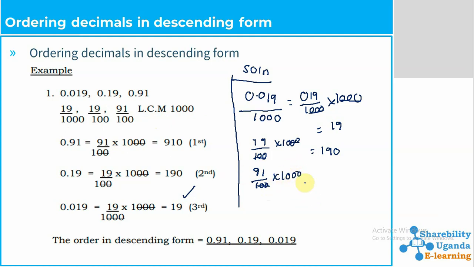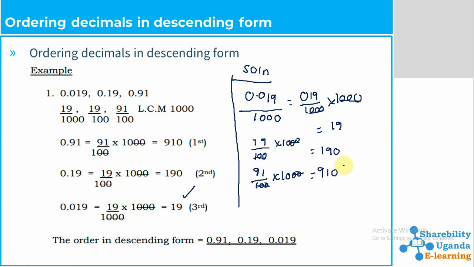Okay, so now let's look here. We are cancelling these two zeros with this, so we are remaining with 91 times 10. We shall get this.